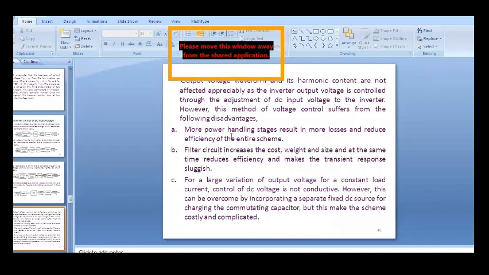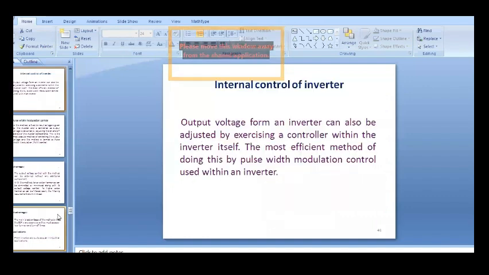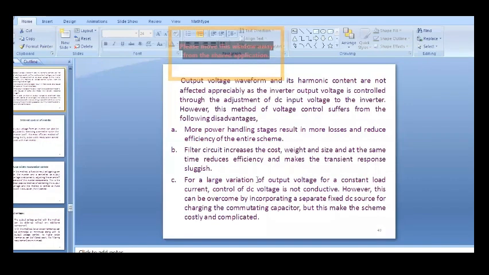And another thing, before going to this, another thing is there. As the DC input is decreased, the commutating capacitor voltage also decreases.